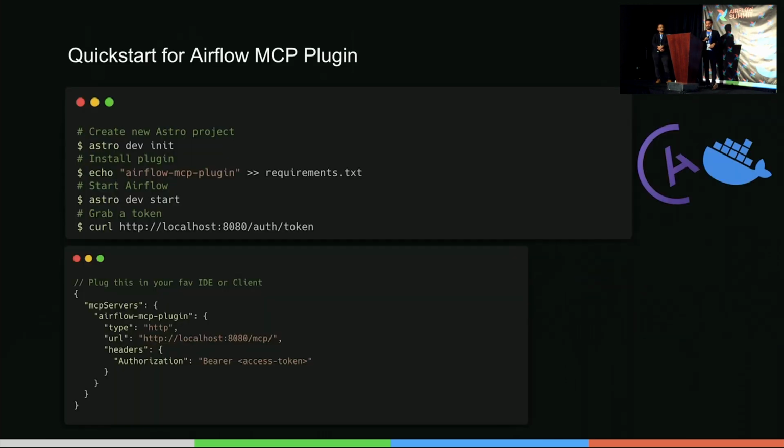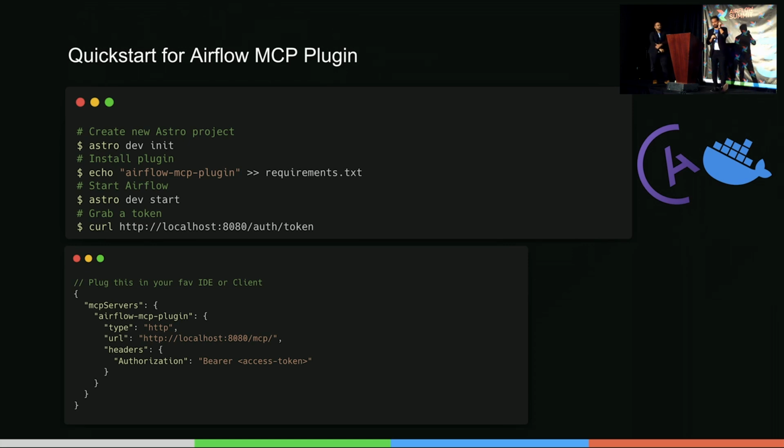Okay, so how to use the Airflow MCP plugin? For now, here we are using Astro CLI. It allows you to quickly spin up a local project. You just add airflow-mcp-plugin in the requirements.txt. That's a PyPI project. You just start your local deployment, and you have to get a token. In your IDE, you can just mention the JSON for the MCP config.